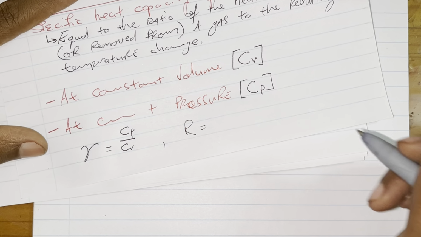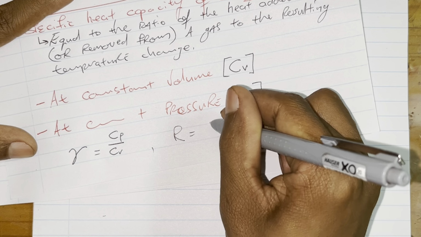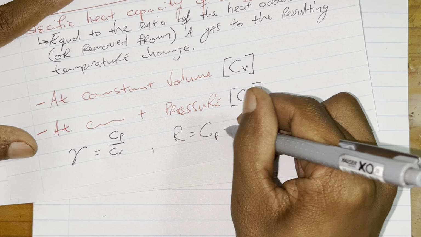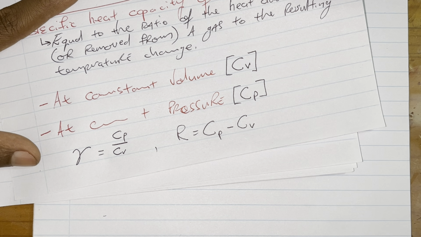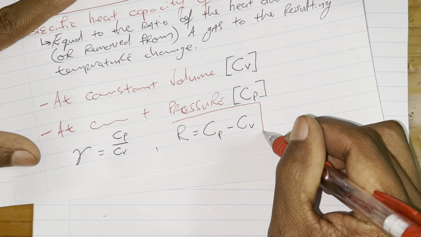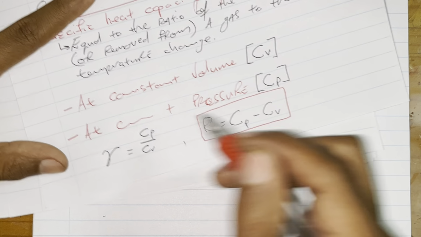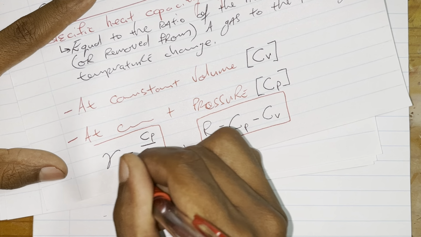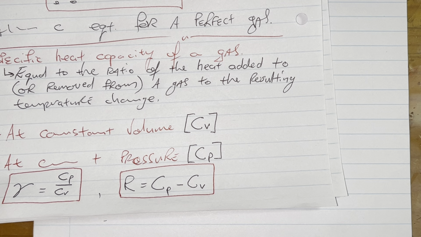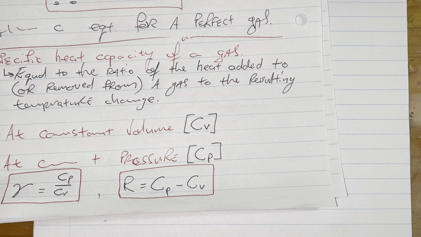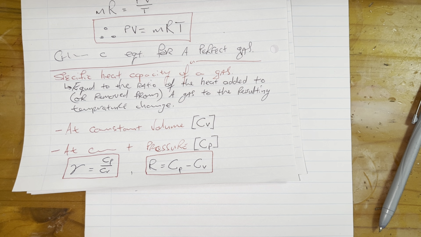Also note R is equal to Cp minus Cv. Okay, right. So this is where we are going to stop for now.